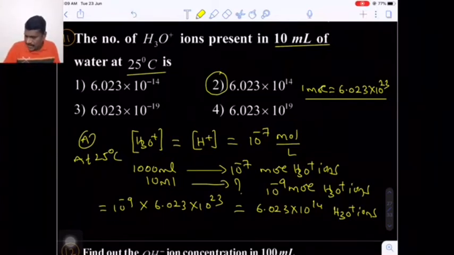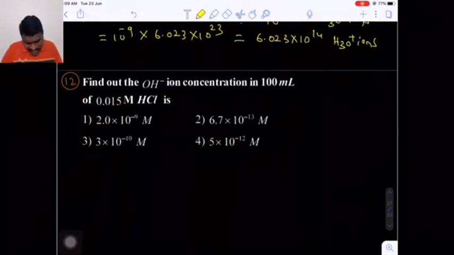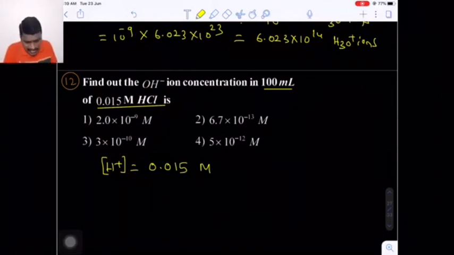Now the next question: find out the OH minus ion concentration in 100 ml solution of 0.015 molar HCl. That means the H+ ion concentration is given as 0.015 moles per liter. How do we find the OH minus ion concentration?